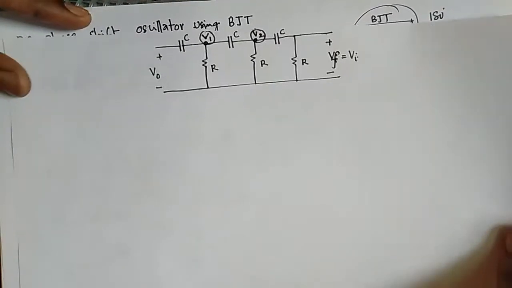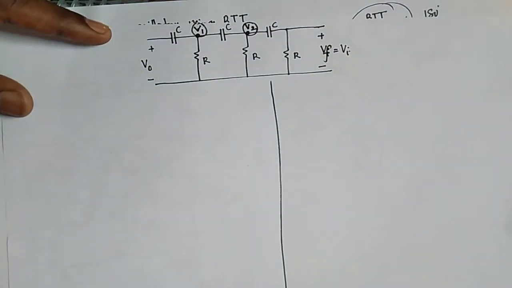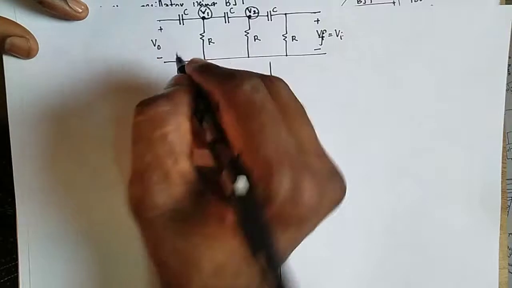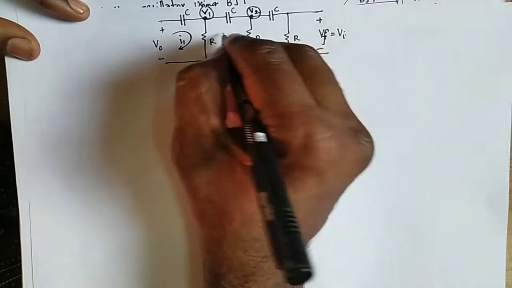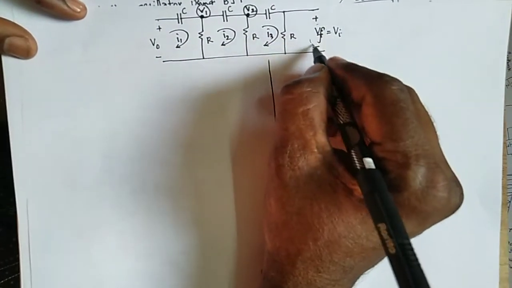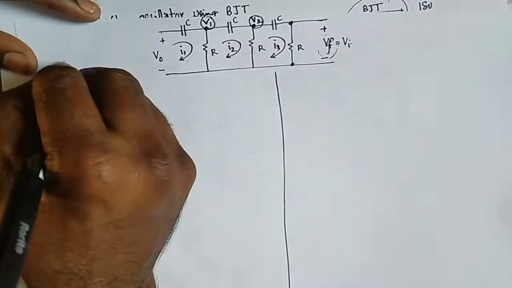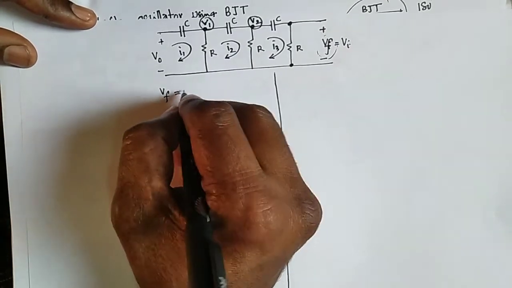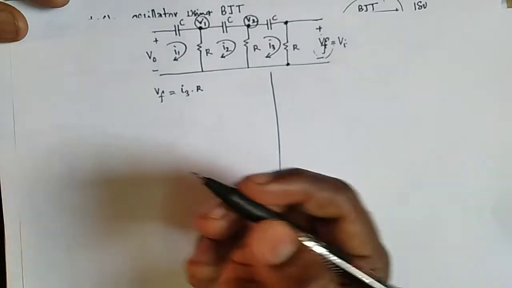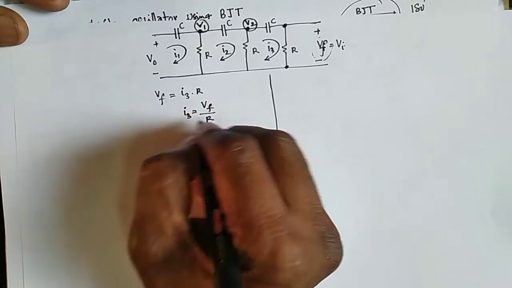Now first, we are using 3 loops, that is I1, I2, I3. Here Vf value is equal to the voltage drop across these 2 terminals, where Vf is equal to I3 into R. From this function, I3 is equal to Vf by R.